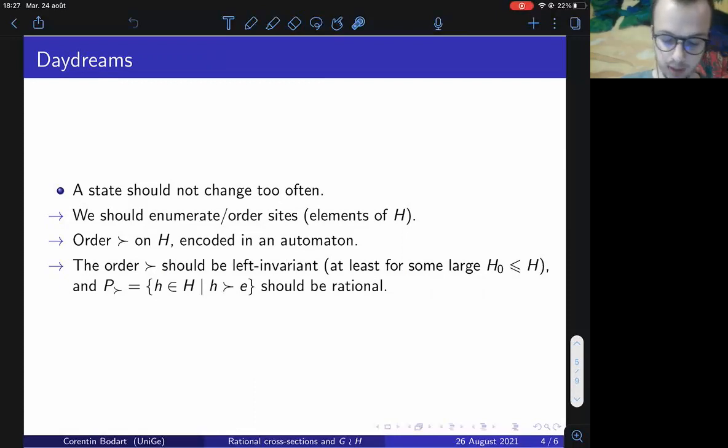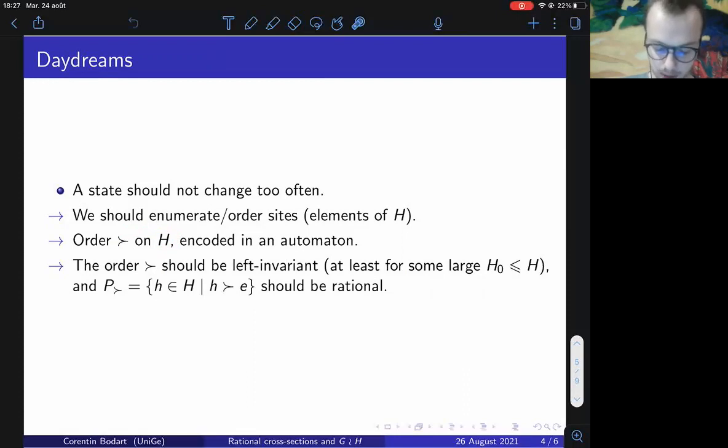So what we need is some kind of order on H, and the order should be encoded in an automaton. That's really restrictive, because an automaton cannot keep track of anything, basically. It can only keep track of in which coset of some finite index group you are.